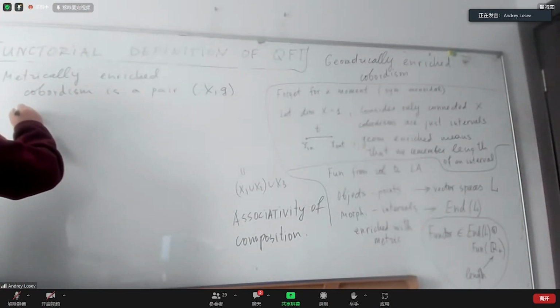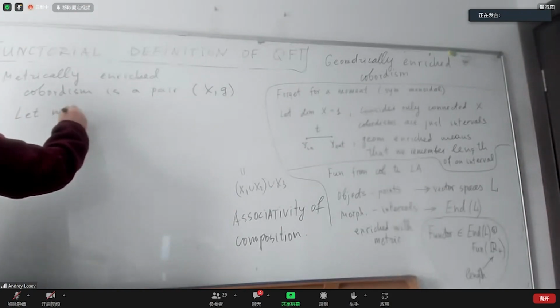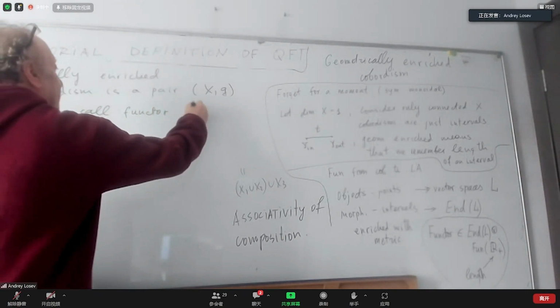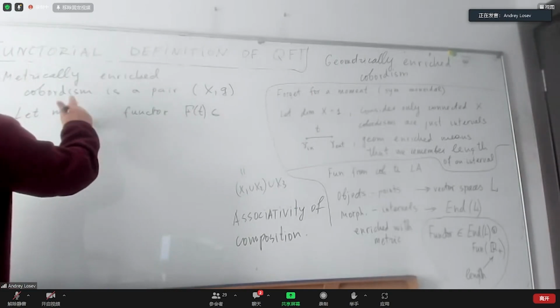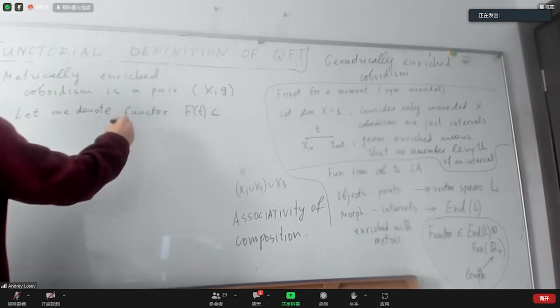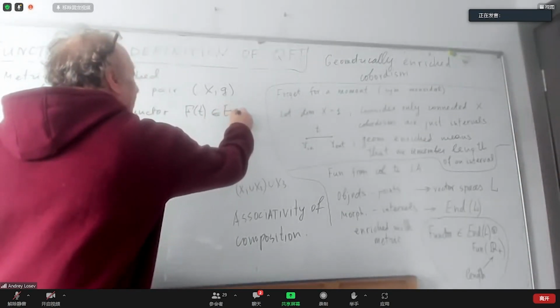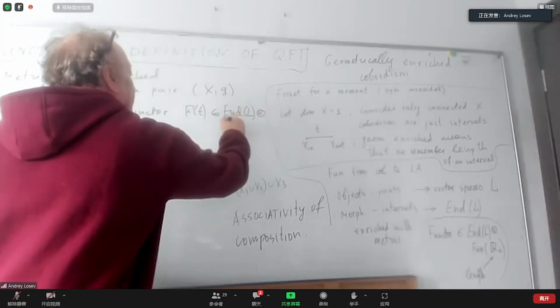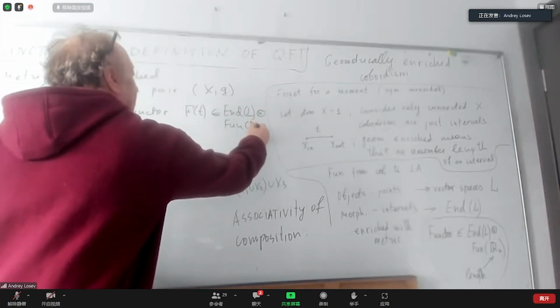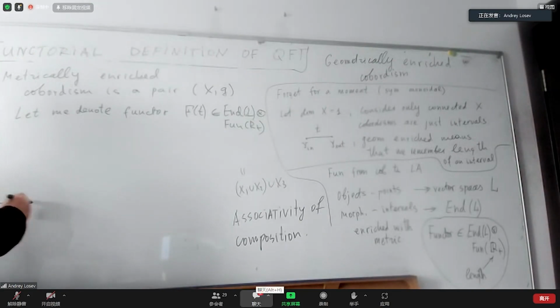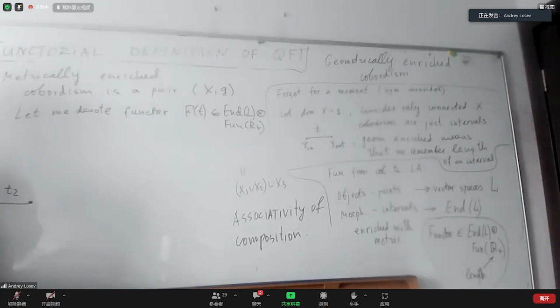Now, let me denote the functor f of t. It belongs to endomorphisms of L times functions on R plus. Now, the main operation is: here I have T1, here I have T2. This is X1, this is X2.